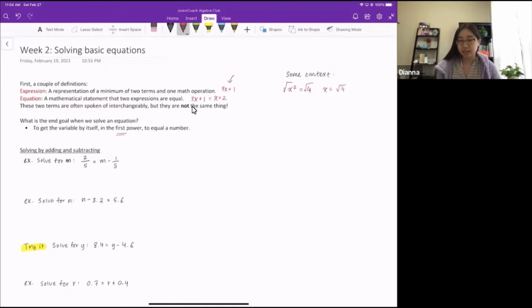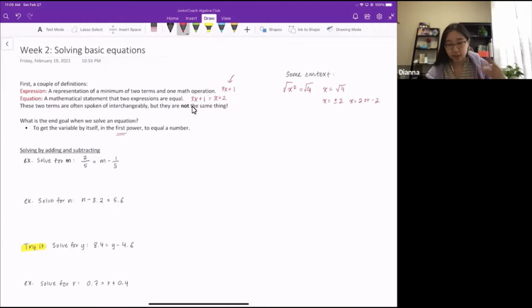But in this case, x is positive 2 or negative 2, because you can square a negative under the square root. So in this case, x equals plus or minus 2. This means that x equals positive 2 or negative 2. So that's what we will be doing a few weeks down the line.